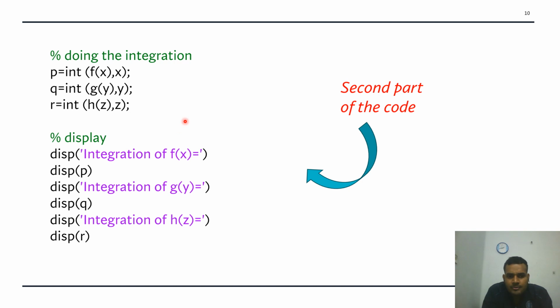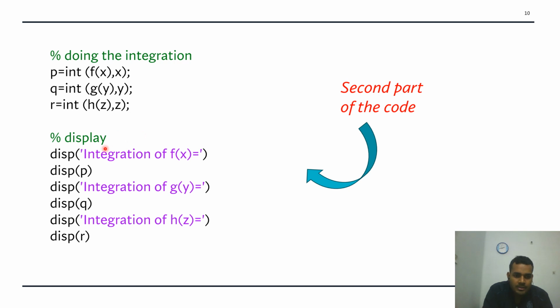In the second part of the code, we will use the int function to do the integration. For f(x) we will define a variable p, for g(y) the variable q, and for h(z) the variable r. To display the results of the integration, we will use the display function to show the end results in the command window.